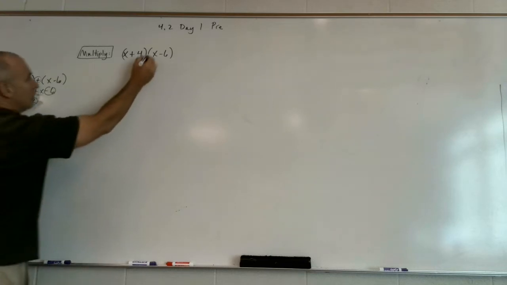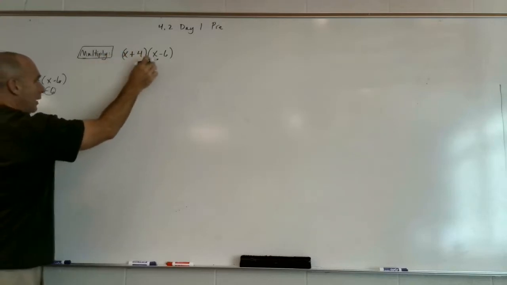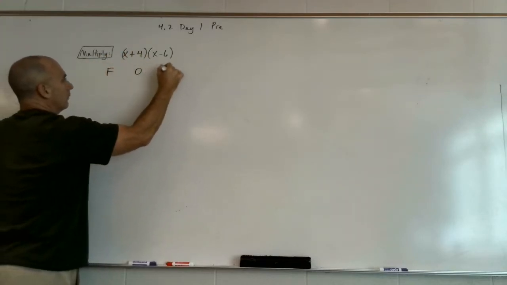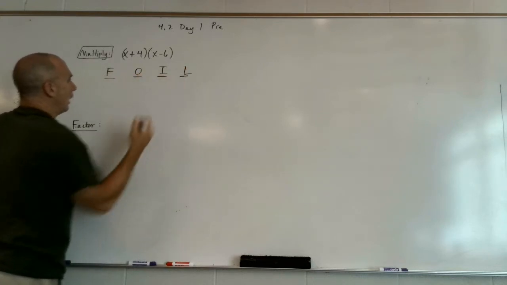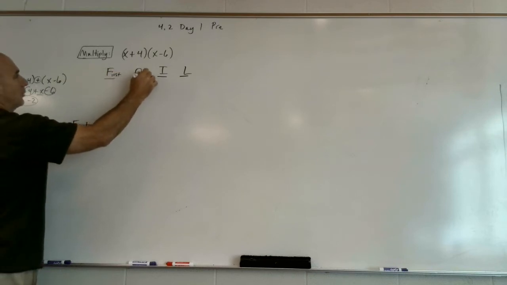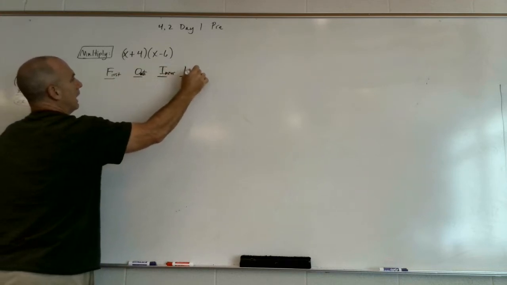But if there's nothing in between here, this definitely implies multiply. Now how do I multiply? Well, this is where FOIL comes in. I know you've heard of it, but what does it stand for? It stands for first, outer, inner, last.